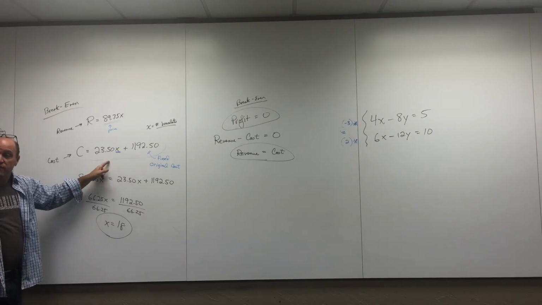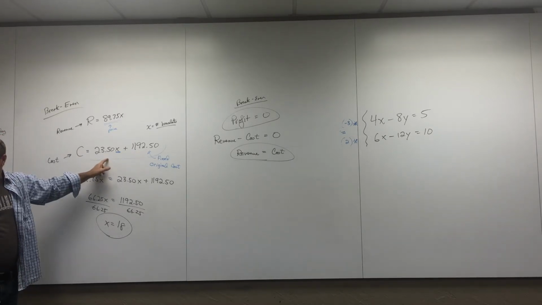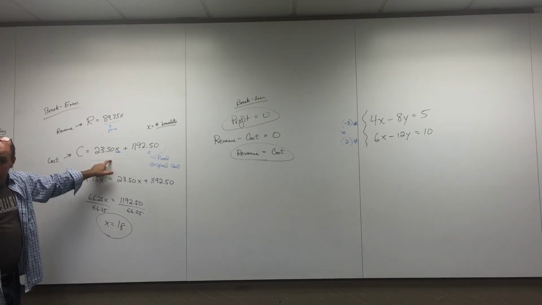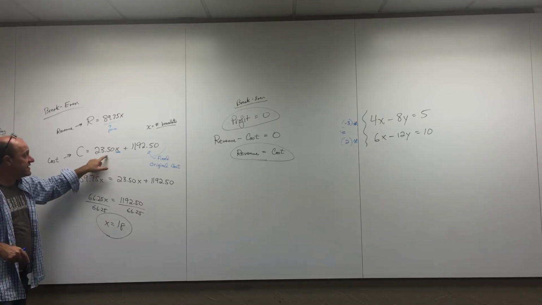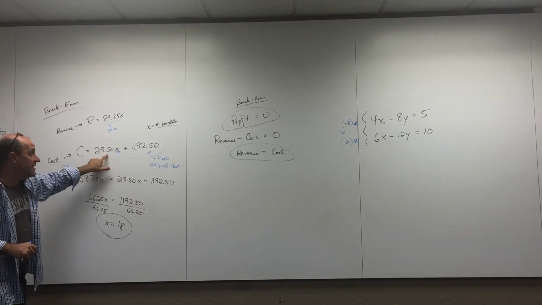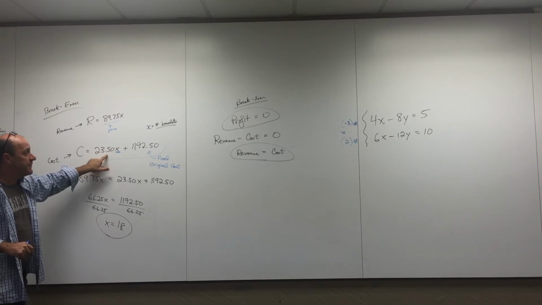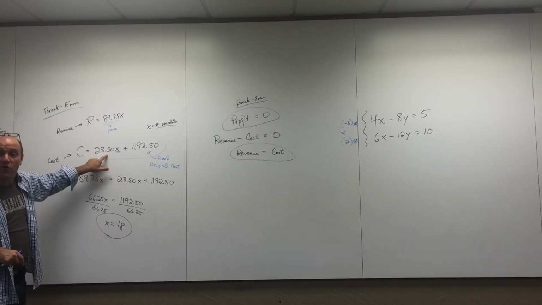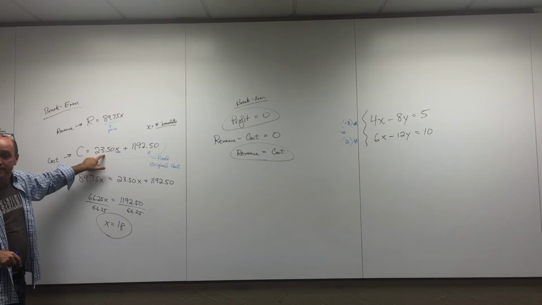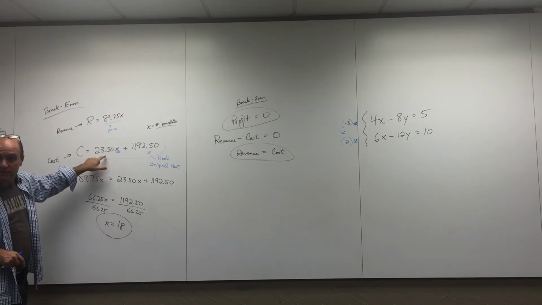So that $23.50, which is the slope of the line, of course, is the rate of change of my cost. It's the variable cost, you could say. It's the cost per unit. Do you agree with that? Every bracelet I make costs me how much? $23.50.